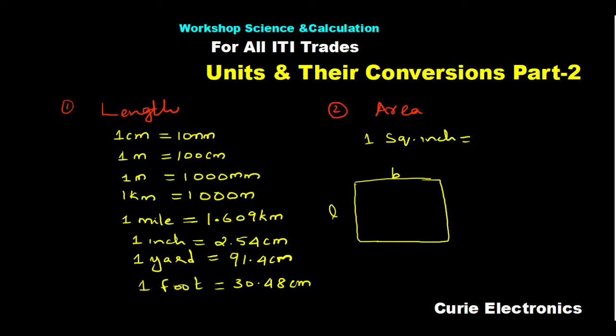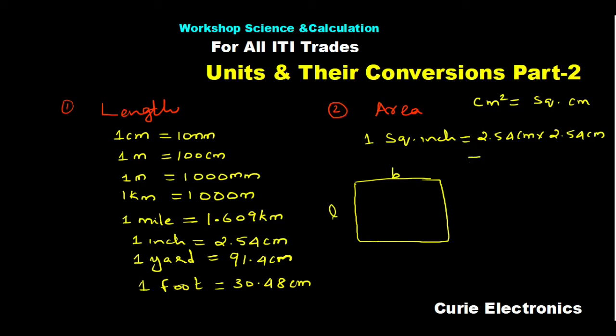So 1 square inch is given, and we have to convert it into centimeters. We should get centimeter square, or square centimeter. When you say centimeter square, this is the same as writing square centimeter. I know 1 inch equals 2.54 centimeter. But it is in square, so again multiply by 2.54 centimeter.